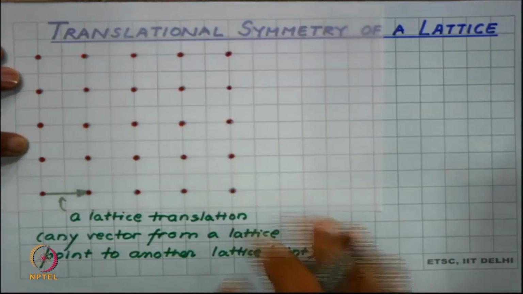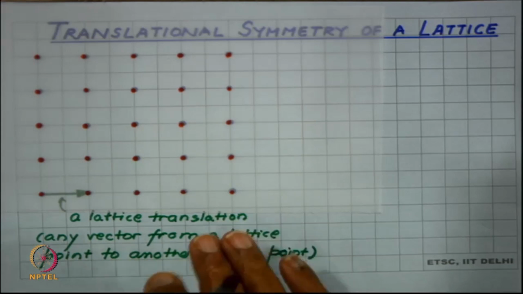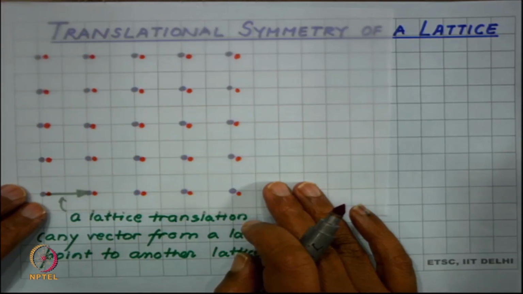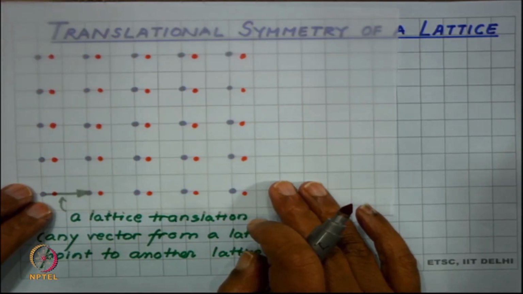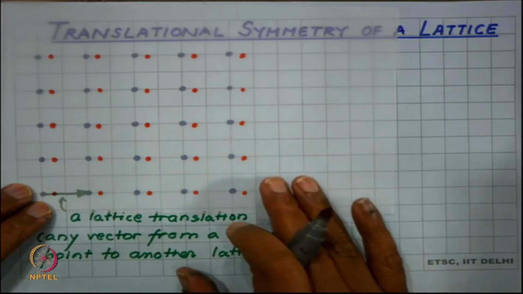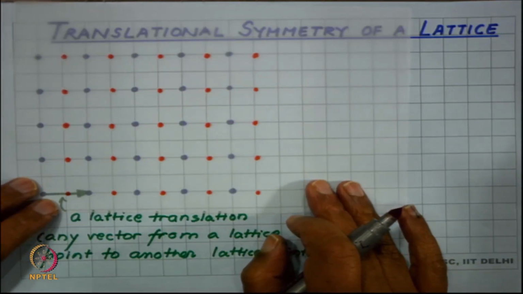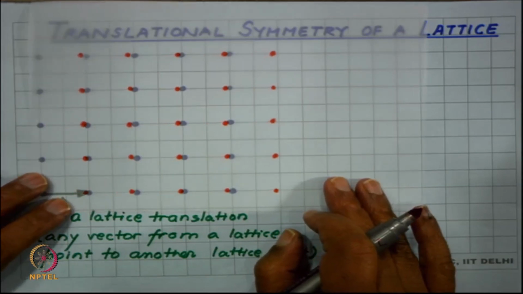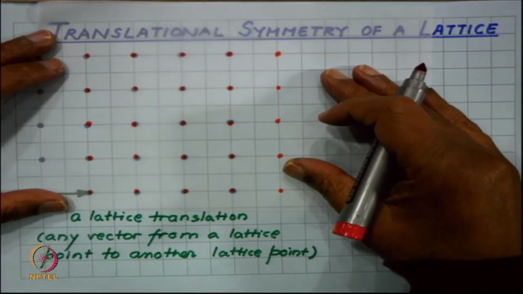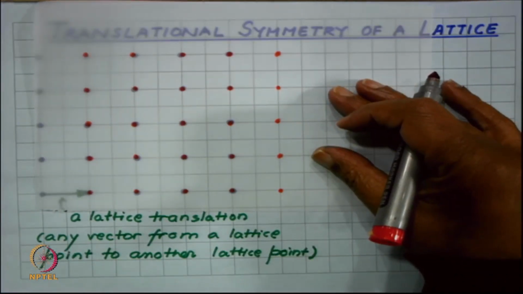Now, if I start shifting the sheet in the direction of this green vector, the two lattices are not coinciding. But if I continue the shift, and the shift is equal to the green lattice translation, then the copied lattice is exactly occupying the same points as the original lattice.